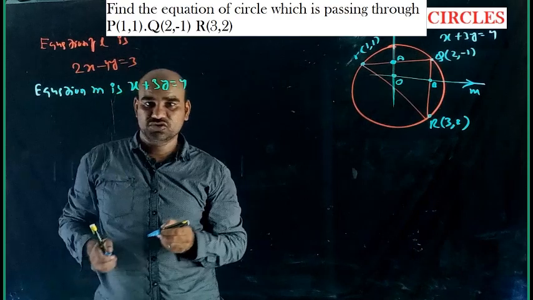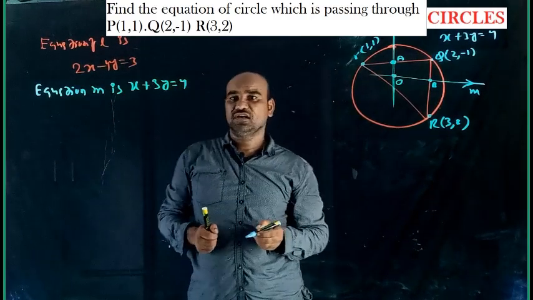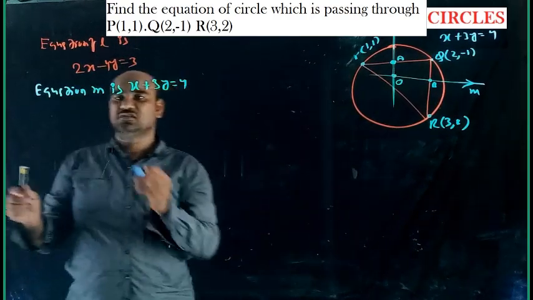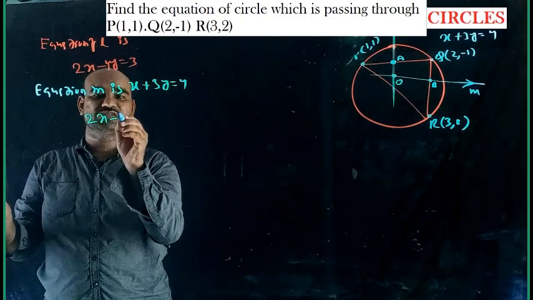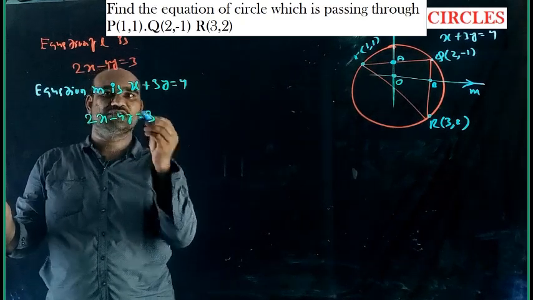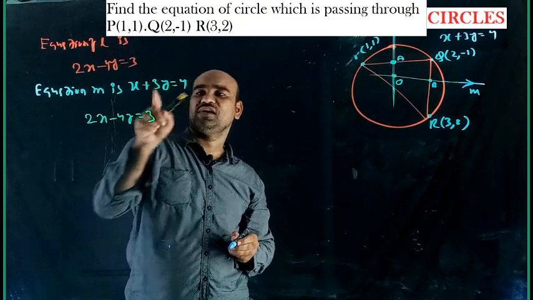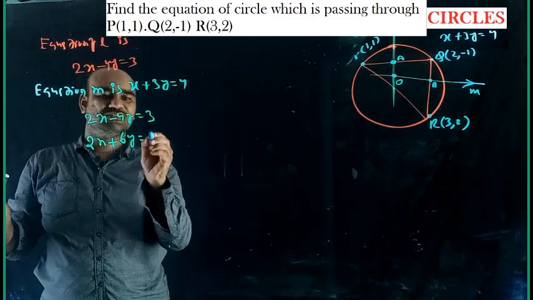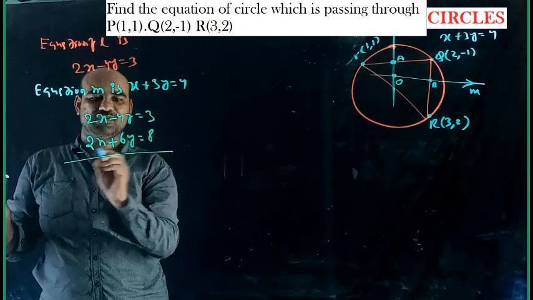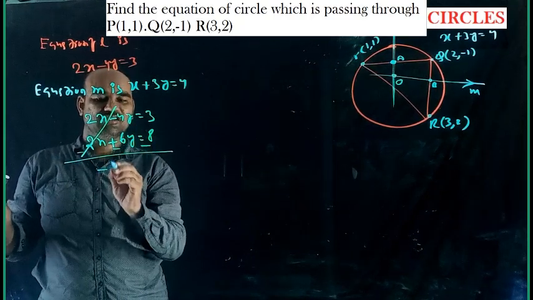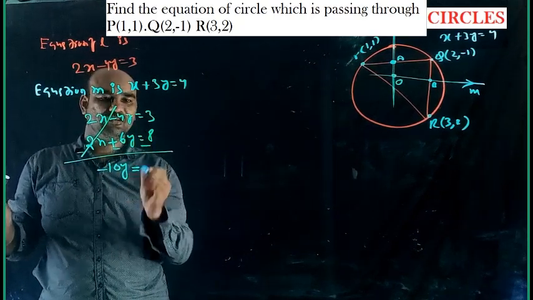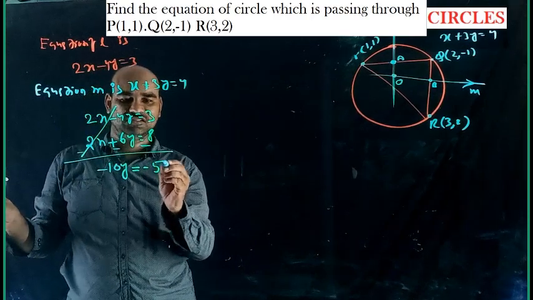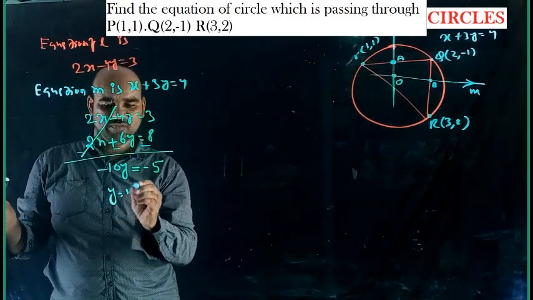Now I want to solve these two equations to find the common point. First one as it is, 2x minus 4y equal to 3. Second one I multiply by 2 on both sides: 2x plus 6y equal to 8. Subtraction: minus 10y equal to minus 5. So y is equal to 1 by 2.